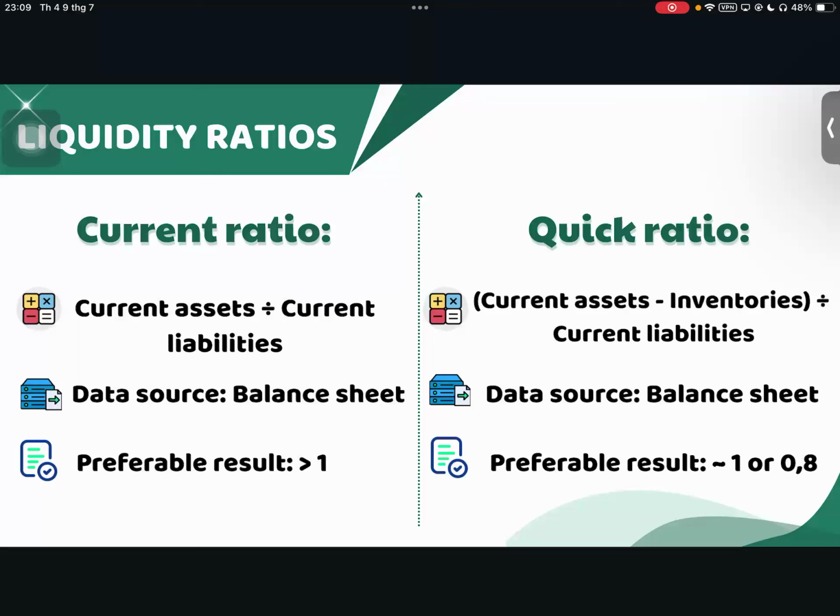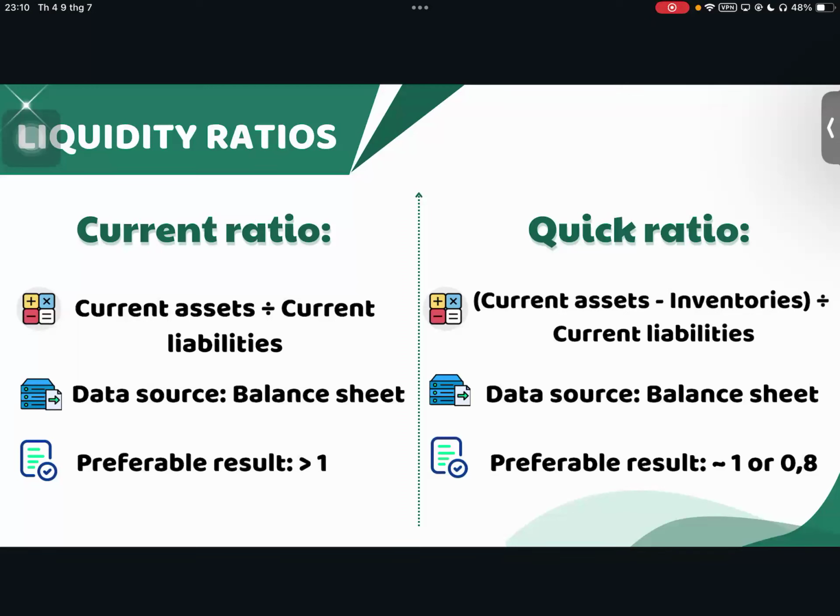Both current ratio and quick ratio can be taken from the balance sheet. You can see it under the assets and liability table. For quick ratio, it can be a little bit lower than current ratio. So the acceptable range could go from under 1, like 0.8 or 0.9, and around 1 and go above 1.